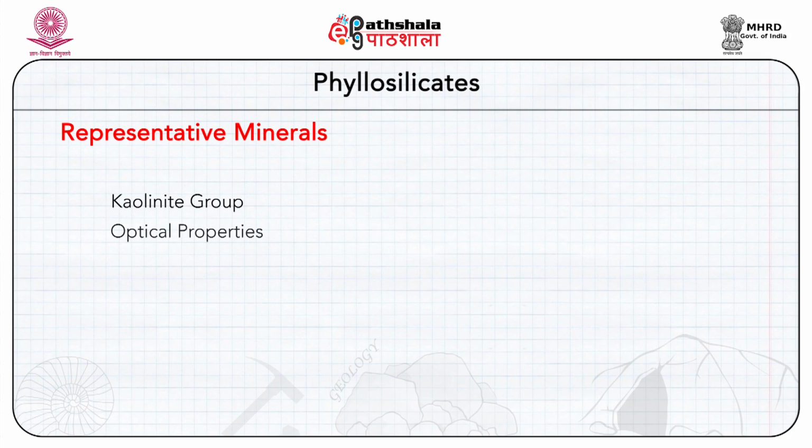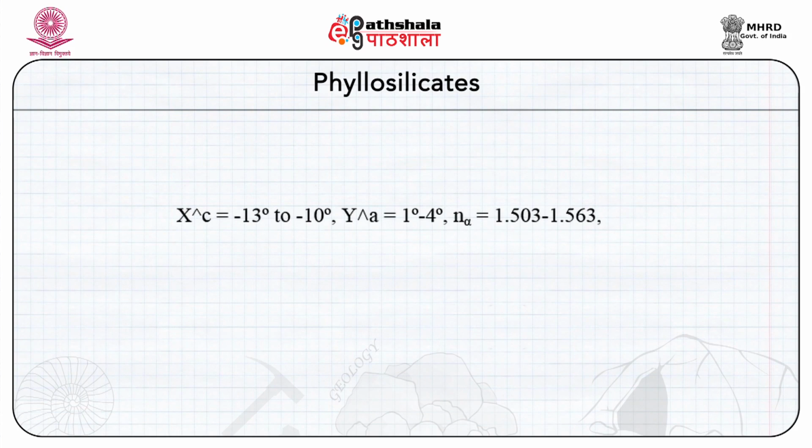If we go to the optical properties, minerals belonging to the kaolinite group in thin sections appear as fine grained brown to gray earthy aggregates. It is biaxial negative in character. Optic orientation: the angle between X and c crystallographic direction is -13 degrees to -10 degrees. The angle between Y and a is 1 to 4 degrees.